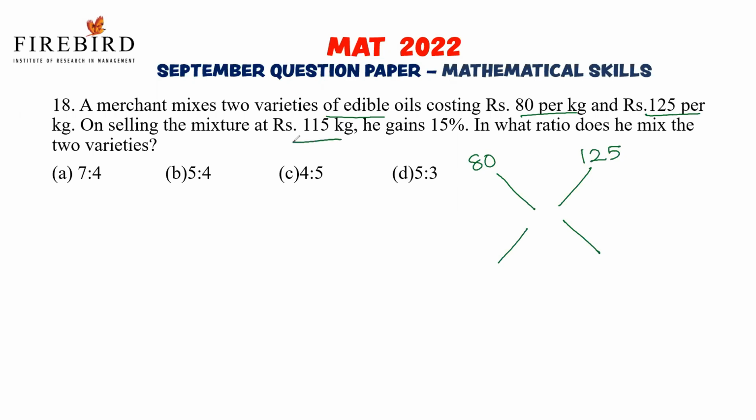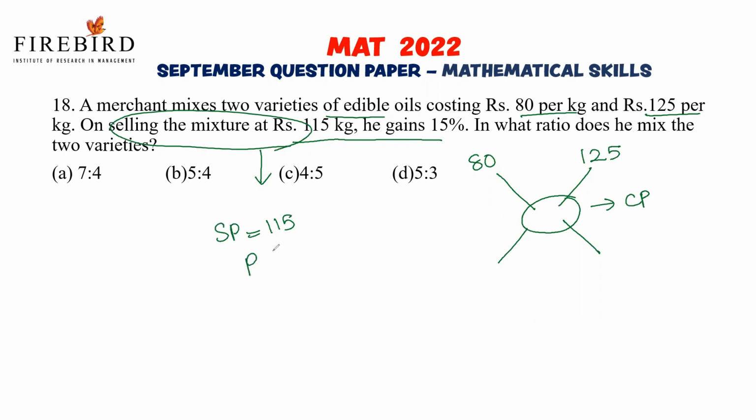On selling the mixture at 115, here they have given the selling price of the mixture. So keep it in mind that in the middle you should always represent the cost price of the mixture. If the selling price of the mixture is 115 rupees and the profit is 15 percentage, find the cost price. See, 115 percentage is 115.